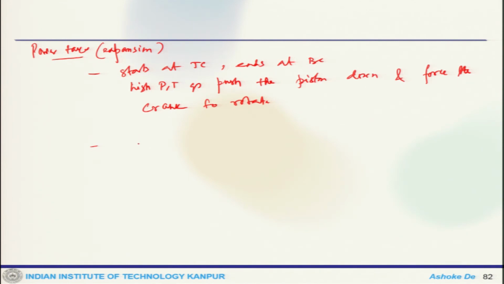Now, as the piston approaches towards BC, the exhaust valve opens, and the cylinder pressure drops down to close to the exhaust pressure.